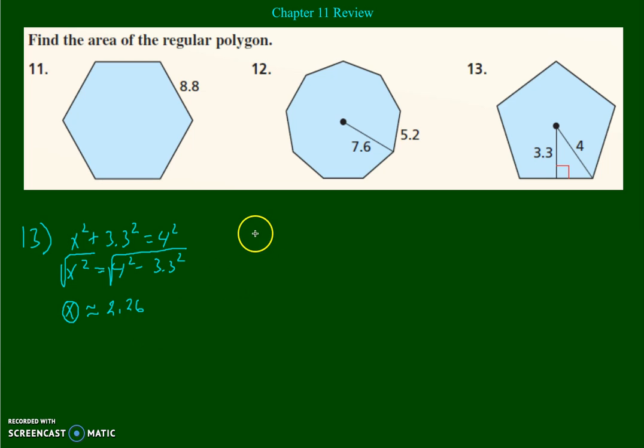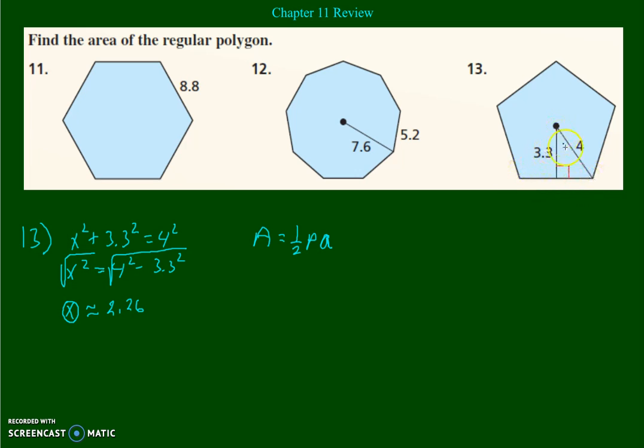Now, our area, again, is 1/2 perimeter times apothem. My perimeter is going to be made up of this side length times 2, because each side of the polygon is going to be twice the length of this piece.